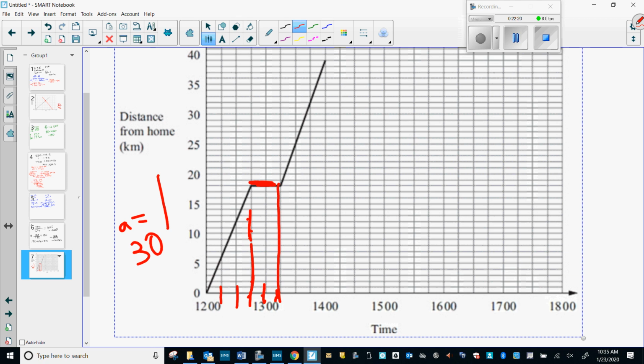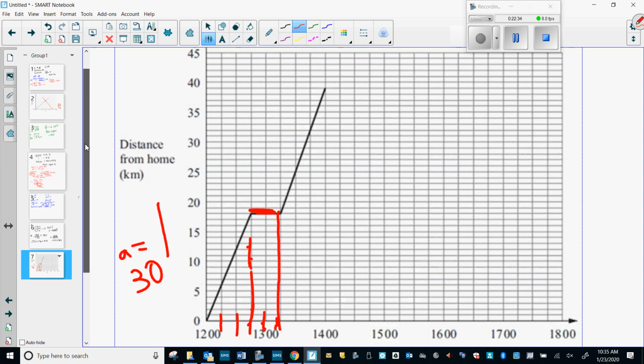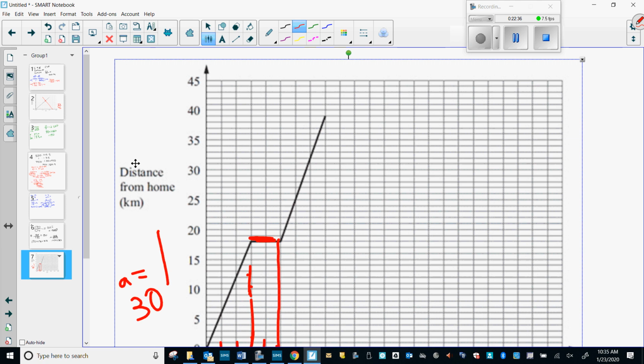Okay, so it says after his rest, how many more kilometers did Mavic cycle to Sam's house? So if you look up here, you see right here is 39, because that's where he started there.